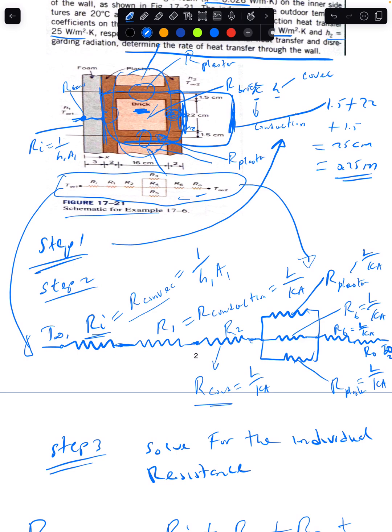But no variation is given in the horizontal direction. We are not given any variation in the horizontal direction.